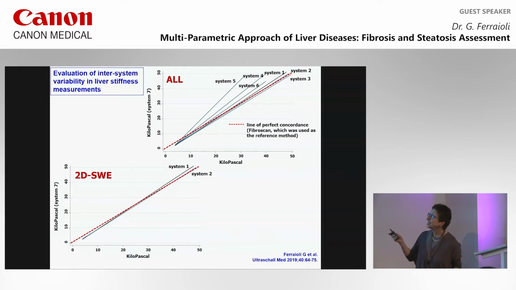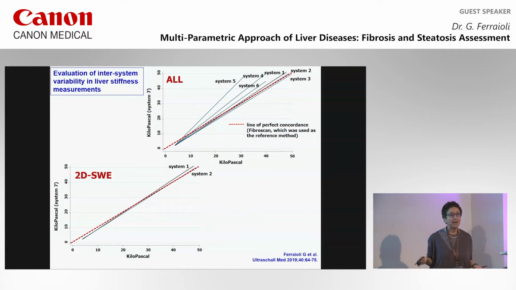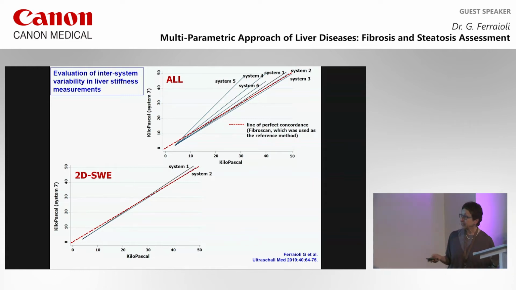All the systems are anonymized. The 2 ultrasound systems that were used were the Supersonic system and the Canon system. And as you can see, the agreement of both systems with the FibroScan value was pretty good.